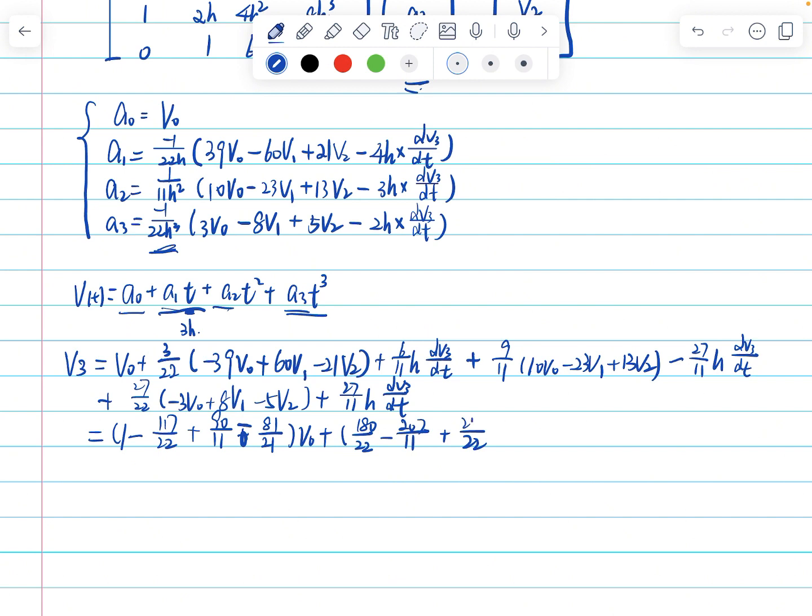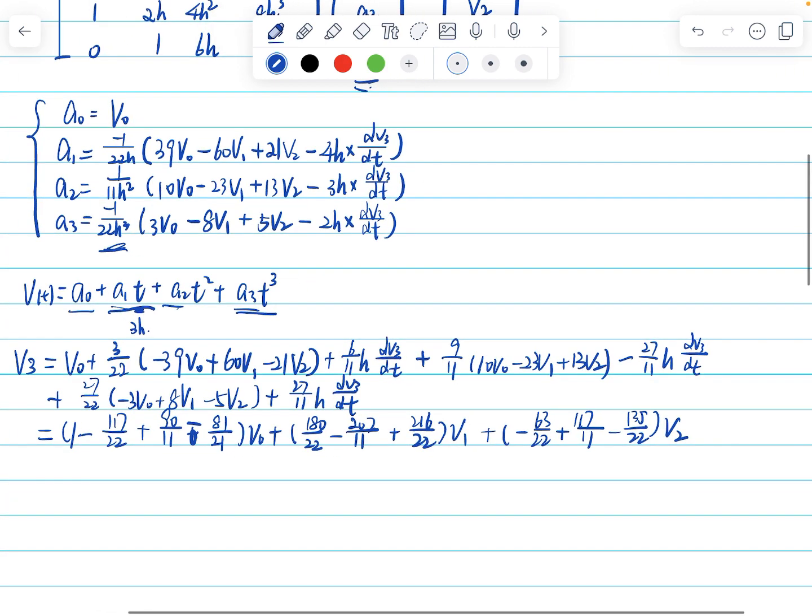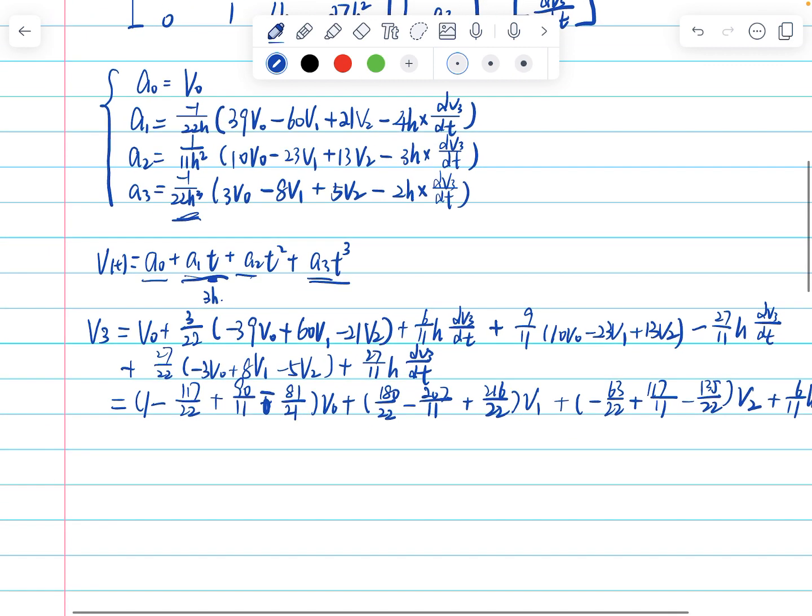Okay, I'm just trying to speed things up. And here is, so forgive my handwriting. 117 V2 and dV3/dt. So this is what we'll be having.